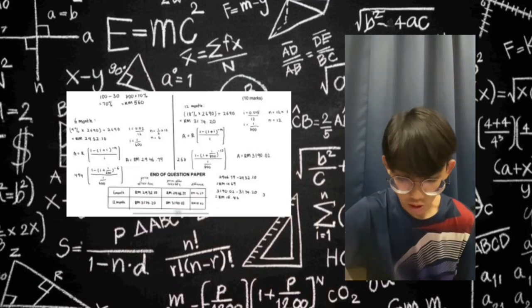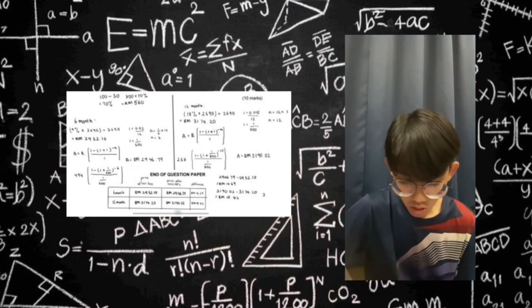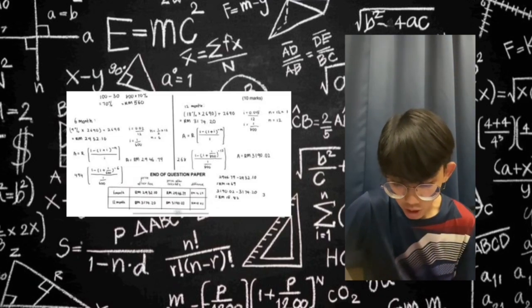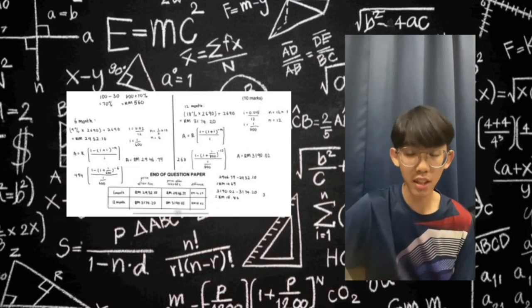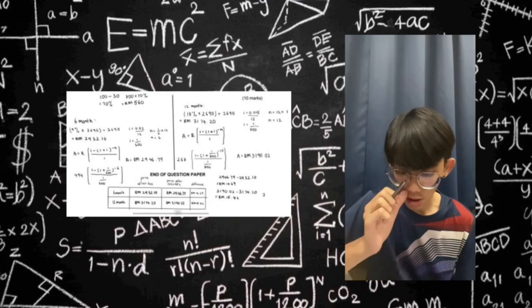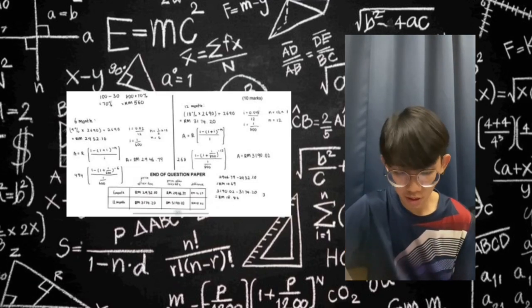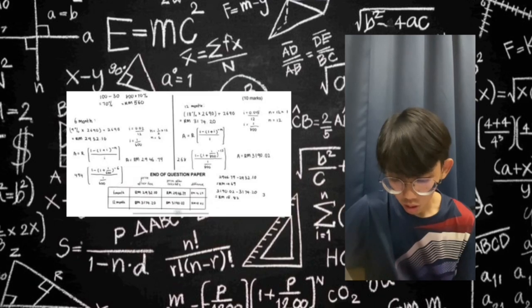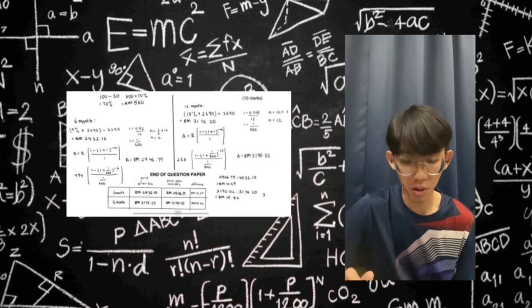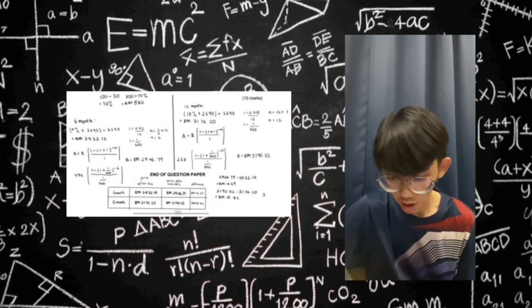First of all, we need to find the price after the processing fee. For the 12 month it is 18%. So 18% times the price of the laptop, and then we add the price of the laptop, and we get the price after the processing fee. Then we basically use the same formula. As usual, we need to find the i first. The i is 1.5% over 12 because of the compounded monthly, and for the i we get 1 over 800.